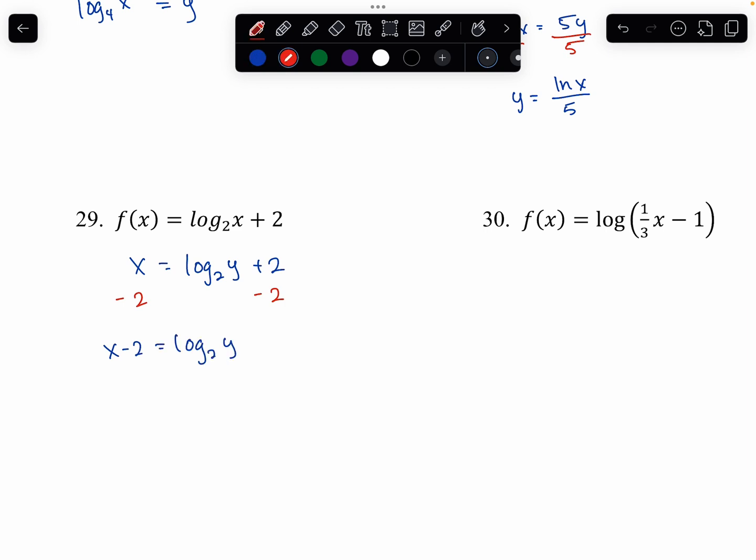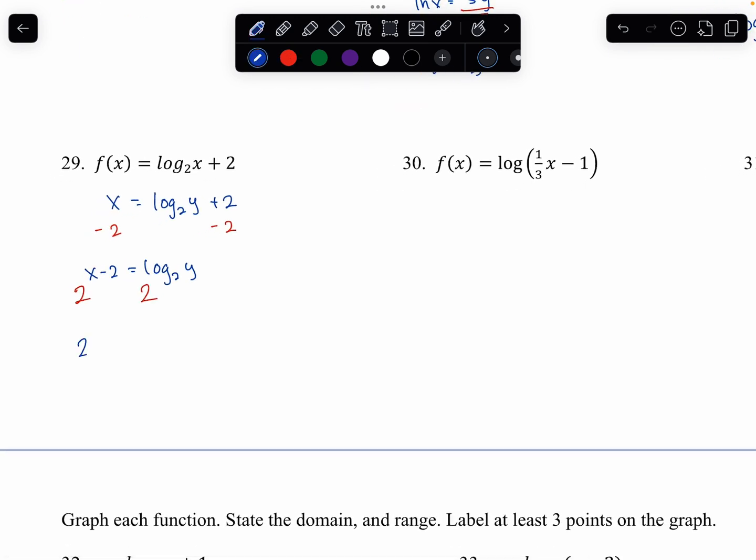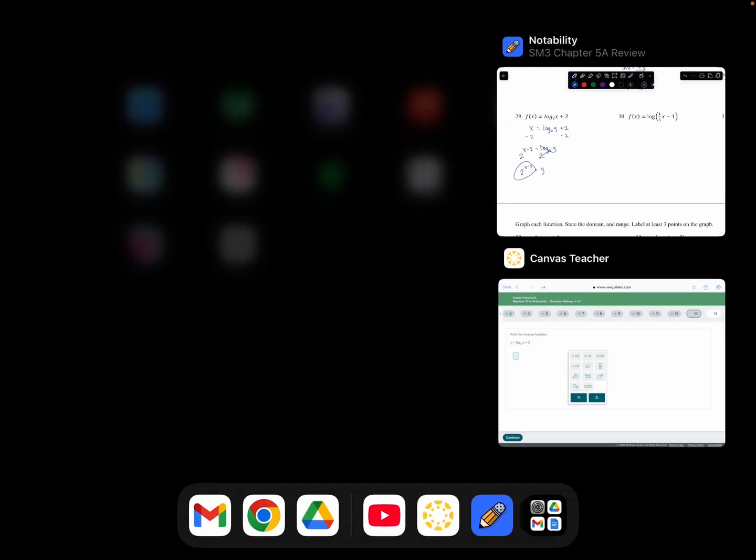And then here, we're going to do what's called exponentiating, because now I have this logarithm. So I'm going to give this a base of 2. So 2 to the x minus 2 is equal to y. So those are going to cancel, leaving me with y. So I just have 2 to the x minus 2.